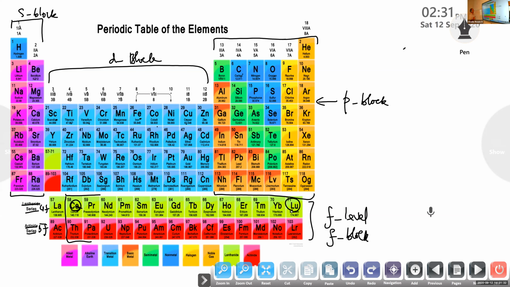In the table, you can see lanthanum also along with these 14 elements. But because the properties of lanthanum are found to be similar to the properties of the following elements, lanthanum is also incorporated along with lanthanoids or lanthanides.